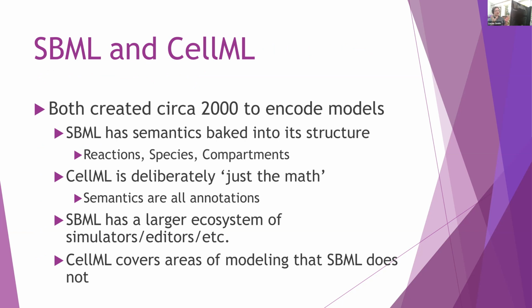All the semantics are in annotations in their models, and all the core elements are MathML associated in different ways. SBML has a larger ecosystem of simulators and editors and viewers. CellML has fewer tools, but it covers a wider range of modeling areas. You can model a beating heart in CellML, where you can't really in SBML.